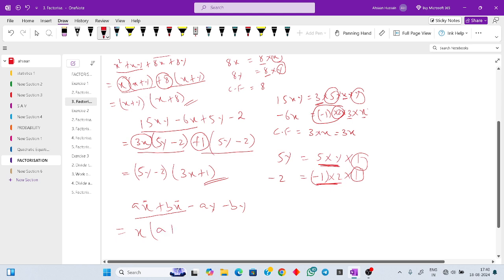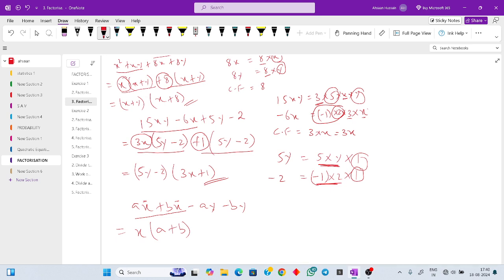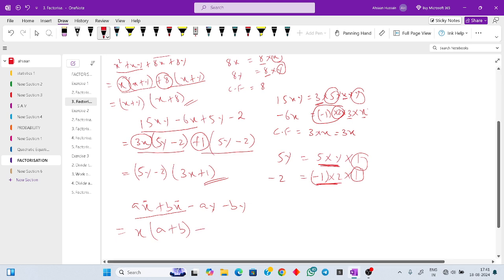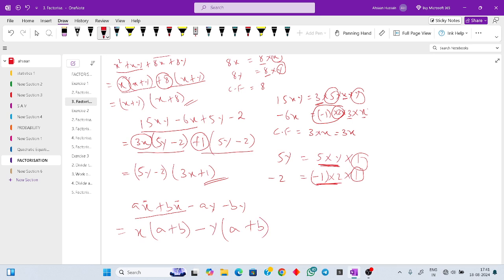A. What is left here? Positive b. And between these two terms, what is common? Y is common definitely, and also this negative is common between these two terms, right? So we'll write negative y. What is left here? A, and we'll write plus b, since the negative has been taken as common.